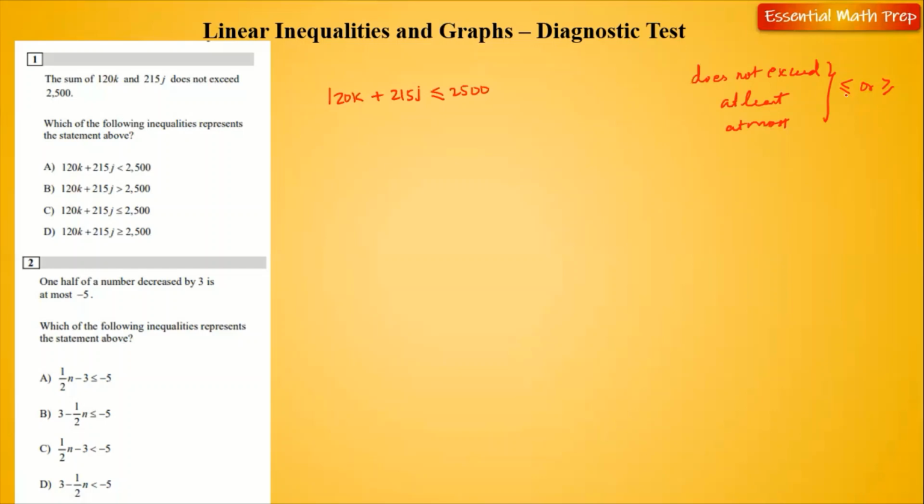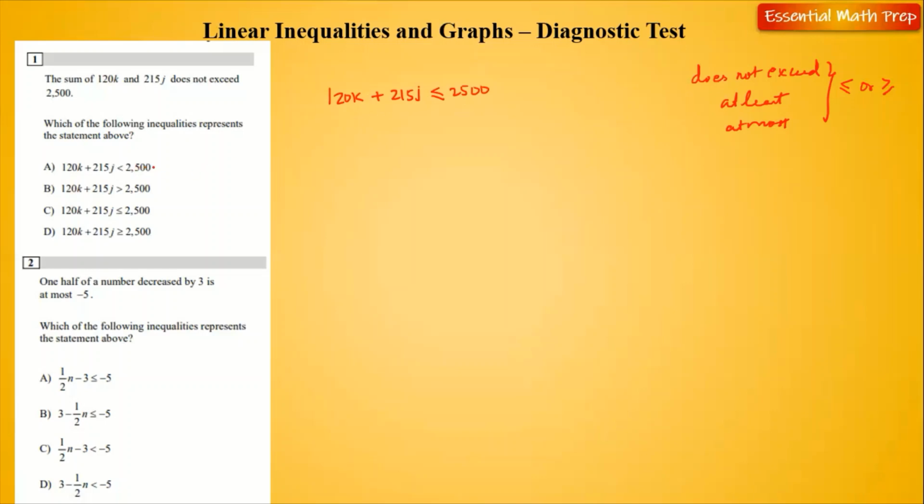But the point here is there's an equal symbol appearing. It's not just greater or less than, it has to have an equal symbol. That is, it's greater than or equal to or less than or equal to, right? So we can add more keywords as we do more problems, but in this case does not exceed definitely fits into the less than or equal to, because it's saying it can only have a maximum of 2500 or somewhere below depending on the value of K and J.